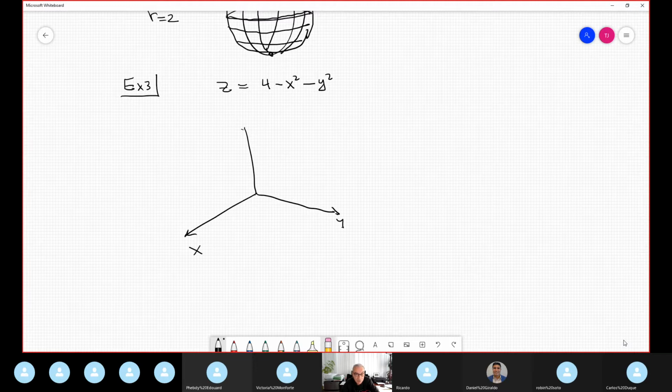I know it's a paraboloid because x is squared, y is squared, and z is not squared. So it's a paraboloid along the z-axis and opens down because the sign is negative. And the z-intercept is 4, at the point 0, 0, 4, and it opens in this direction.